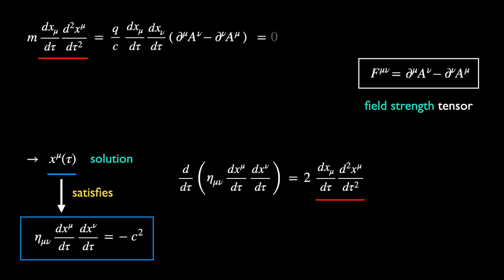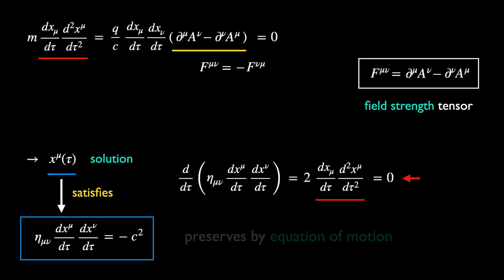The right-hand side is zero, since the A field term, which we now formally name the field strength tensor, is anti-symmetric. This is zero because the indices mu and nu on the velocities are symmetric under exchange, and thus their contraction with the anti-symmetric F mu nu must be zero, which means the time derivative of the velocity invariant is also zero. So the constraint below is really preserved by the equation of motion and is thus consistent with it.